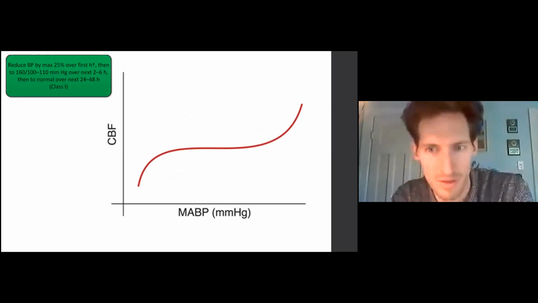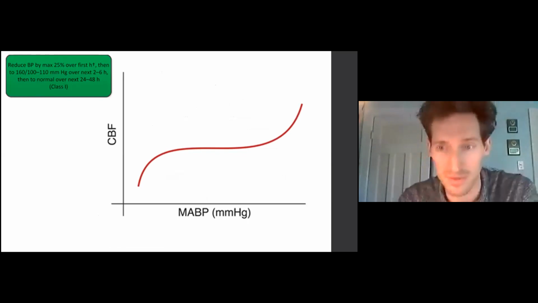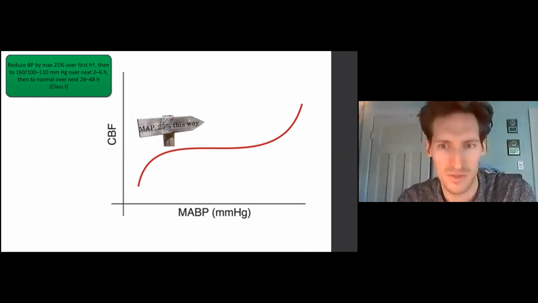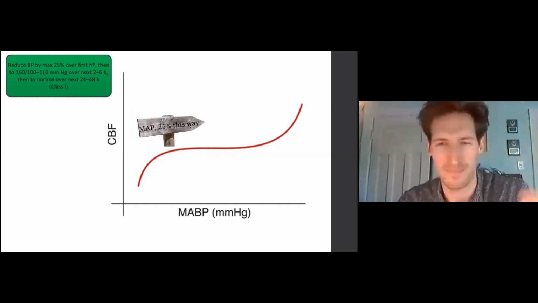The thought is that the lower inflection point on the autoregulation curve, where the brain becomes hypoperfused, is 25% below your steady state MAP, whatever that MAP is. So they say if you reduce it by 25%, you're going to be at the lower inflection point. But that works in a steady state.